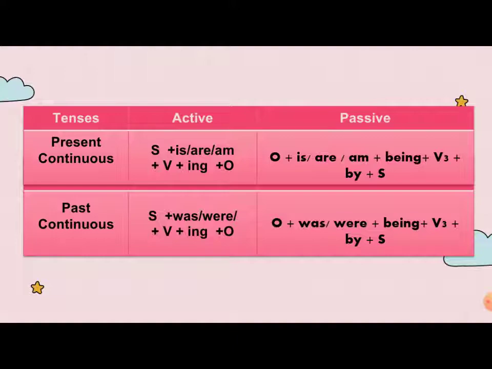In present continuous tense, the structure is is, are or am plus being, B-E-I-N-G, plus the past participle form. In past continuous tense, the structure is was, were plus being plus past participle form of the verb. So remember, whenever you get an ing sentence, you have to insert B-E-I-N-G and the past participle form of the verb.